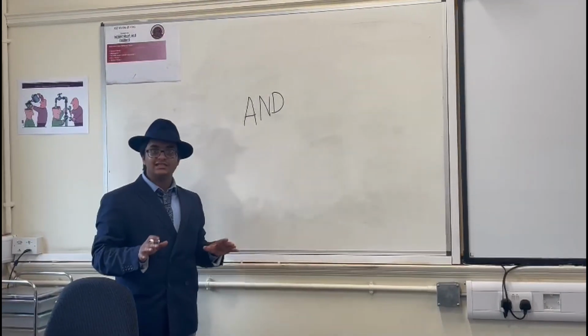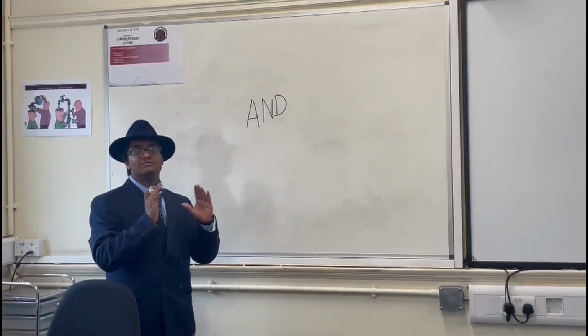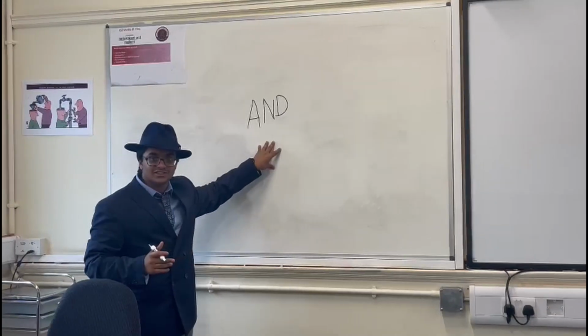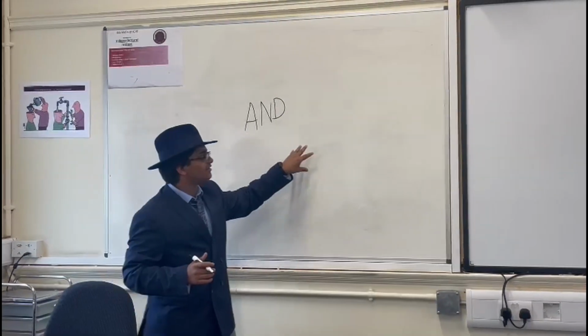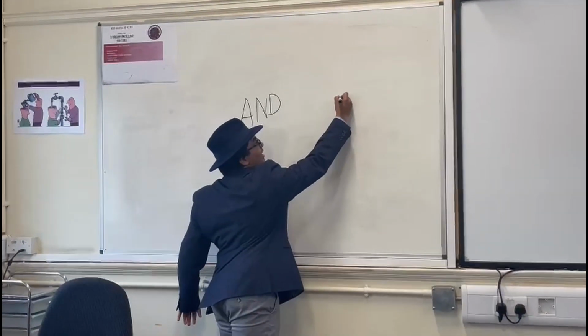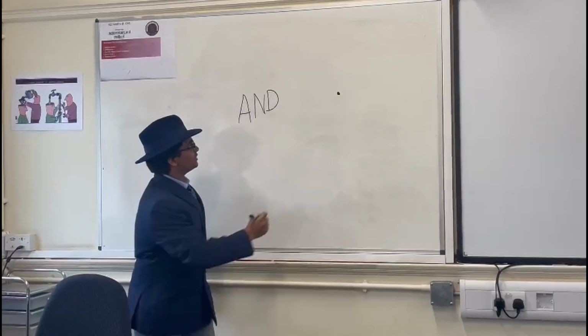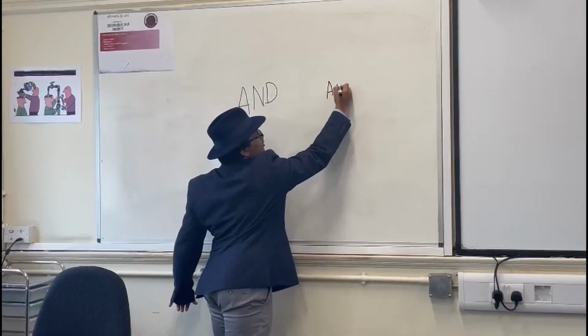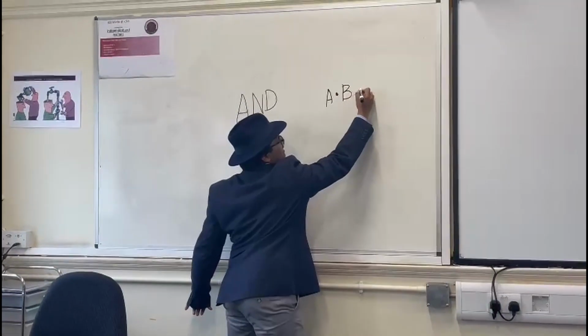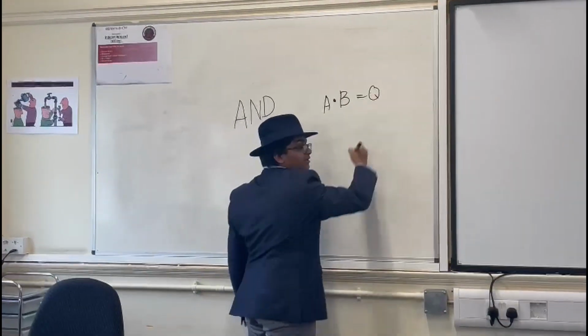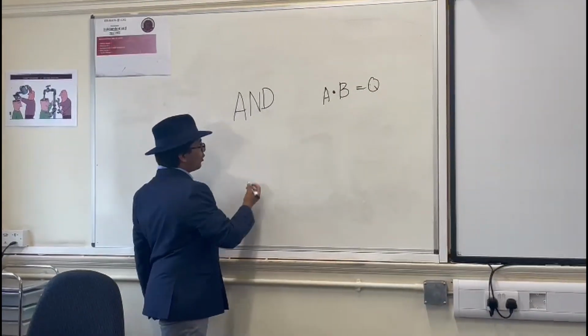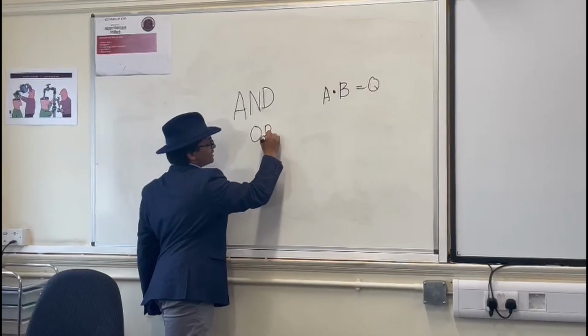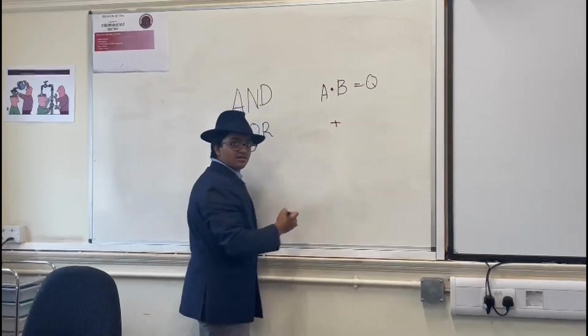Boolean algebra states that there is a shorthand method for writing all of your functions, and can be written by a dot. So you can have A dot B gives you your output Q, or can be written by a plus.